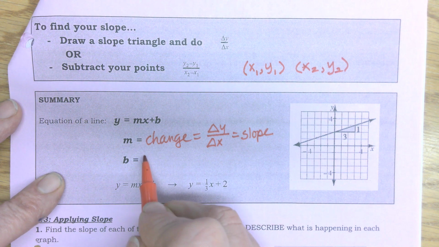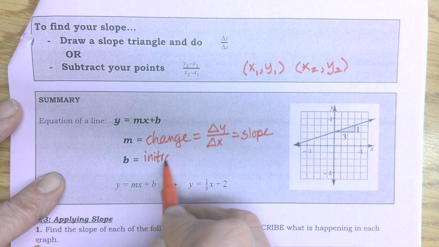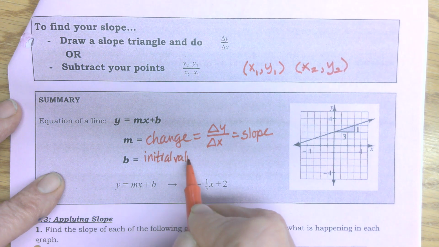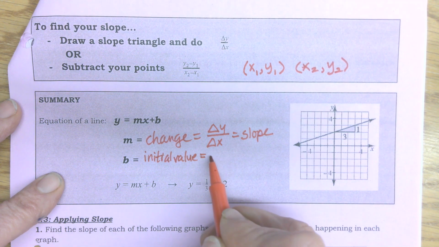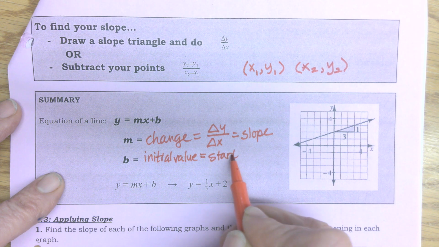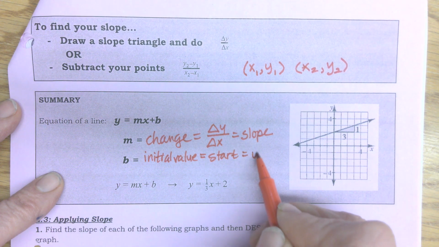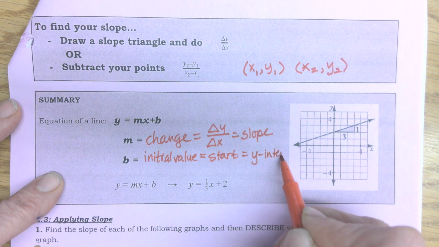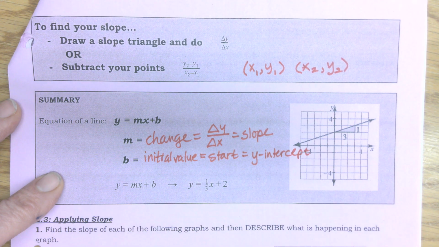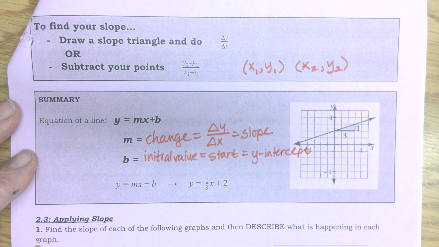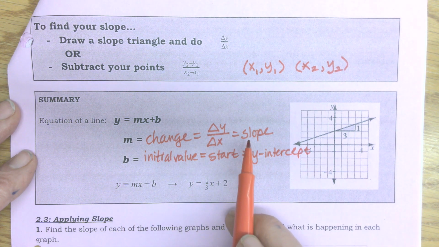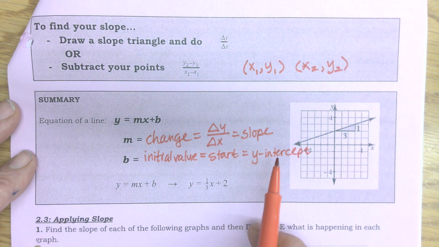B is the initial value. B is the start. B is really the y-intercept, where it crosses the y-axis. So when you think of m, you think of slope. When you think of b, you think of the intercept.